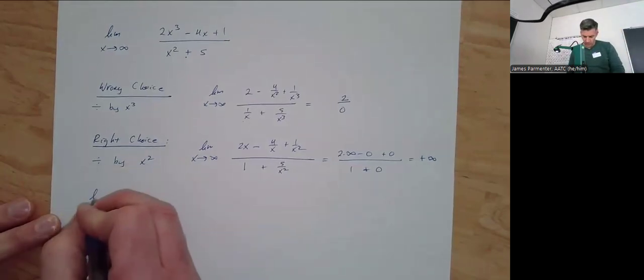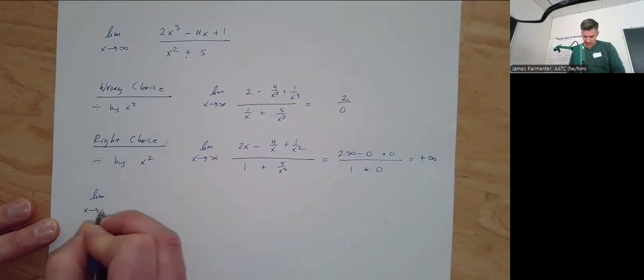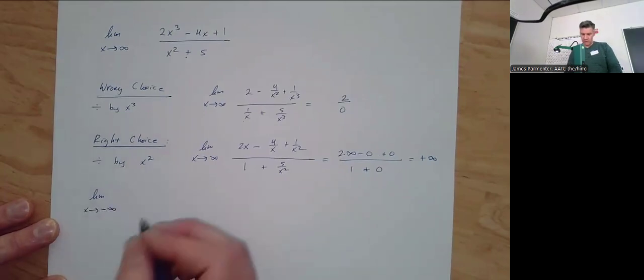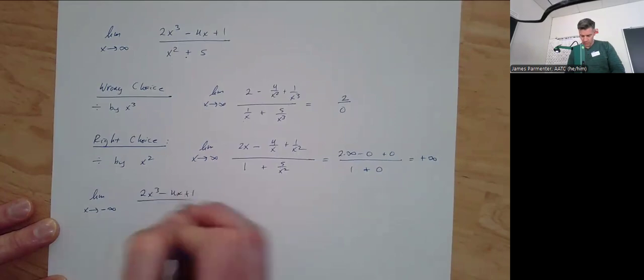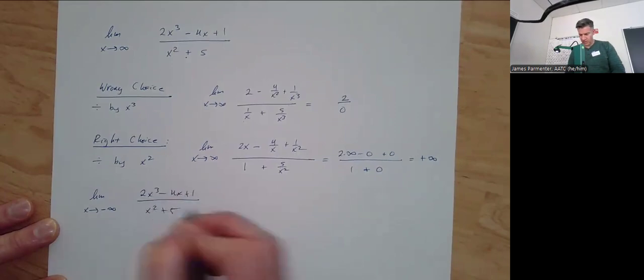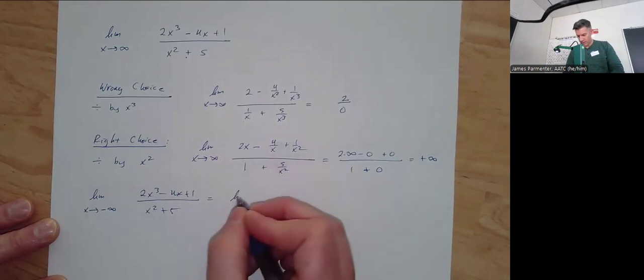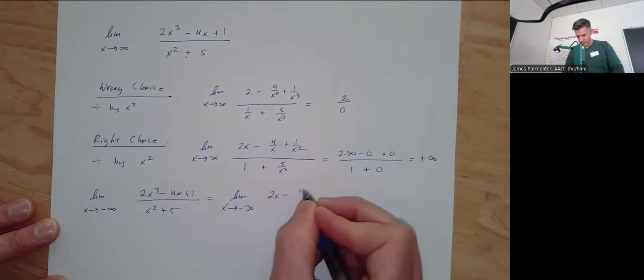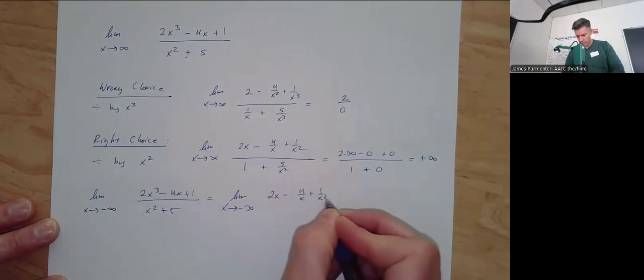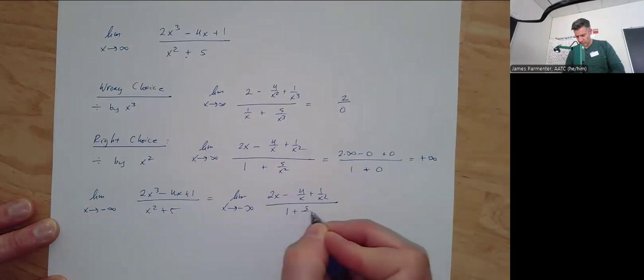If we look at the limit as x goes to negative infinity of this same expression, 2x cubed minus 4x plus 1 over x squared plus 5, we've already got the work written out right here. It's just going to be the limit as x goes to negative infinity of 2x minus 4 over x plus 1 over x squared, divided by 1 plus 5 over x squared.